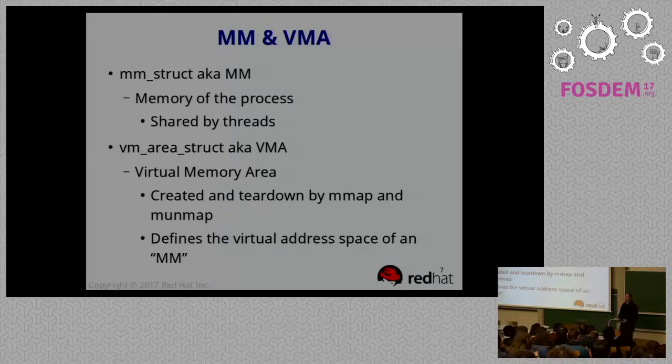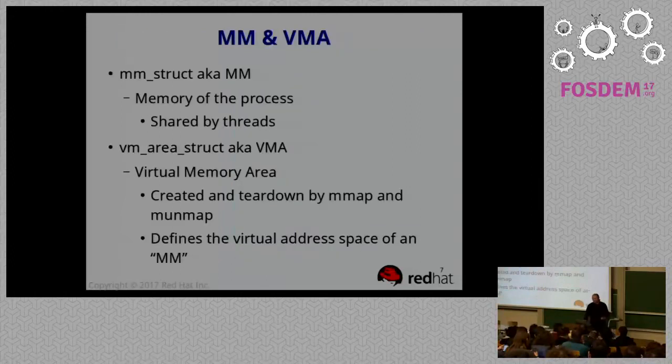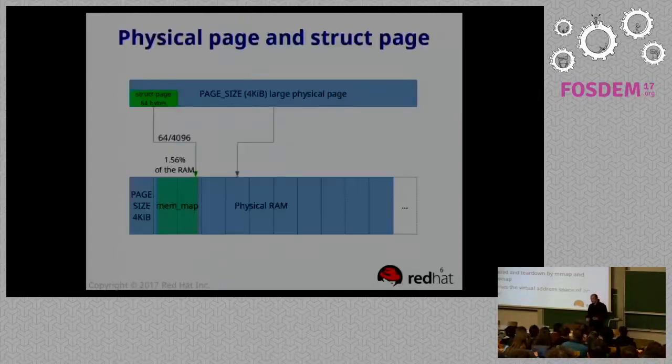So effectively, when you allocate memory, be it with malloc, be it with new, be it with a Python new object or whatever, generally a VMA is created or enlarged. So this describes effectively the layout of the memory in the process. And of course, the VMA is linked into the MM. So the MM is a process, and the VMA is a structure of memory in the process.